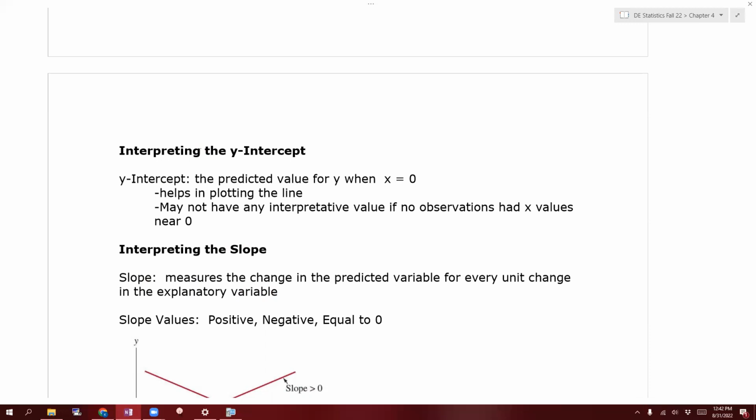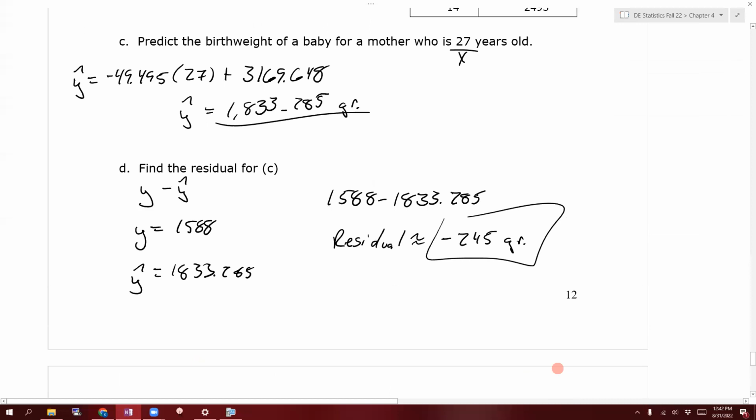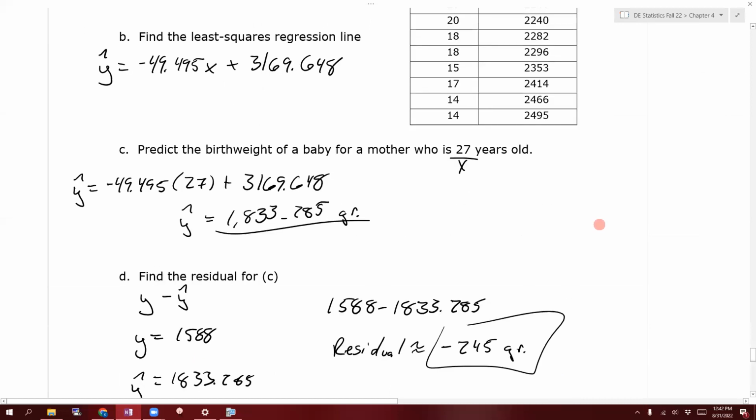In the example that we just did, our y-intercept is 3169. In order to have a baby be predicted to weigh 3,169 grams when it's born, how old would the mother have to be? Well, in order for our y-intercept to come into play, our x value has to be 0. Is it possible for a 0-year-old to give birth?